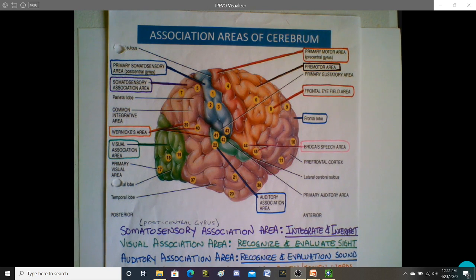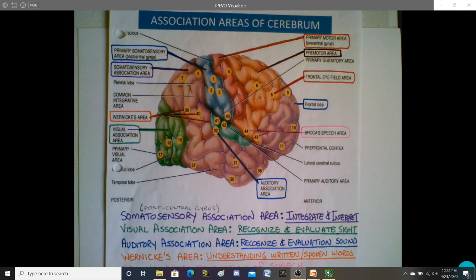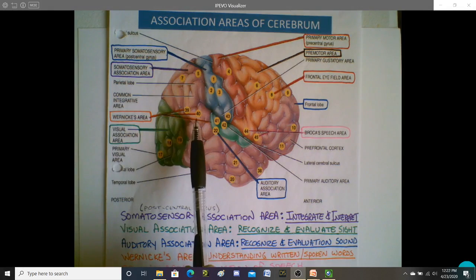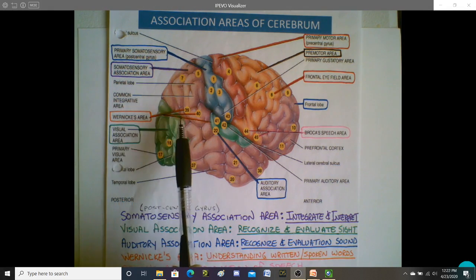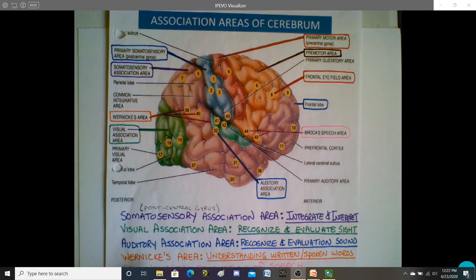Something that is related to this is this area called Wernicke's area. Wernicke's area is located in the parietal lobe, but I have it orange here. This area right here is Wernicke's area. Wernicke's area is going to be involved in understanding written and spoken language.